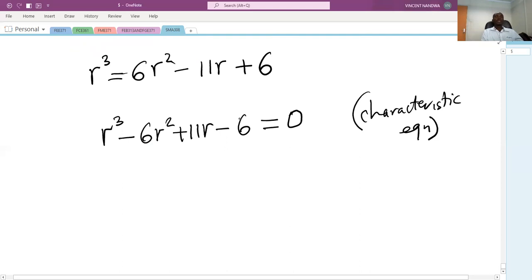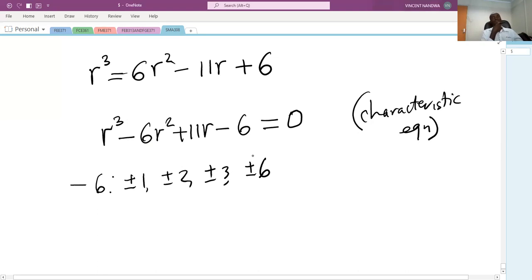So you write the constant term, like for this case, we have -6, and write all the factors of that constant term, both negative and positive. So factors of -6 are plus or minus 1, plus or minus 2, plus or minus 3, and plus or minus 6. Even if this sign was plus, we'll have the same factors.